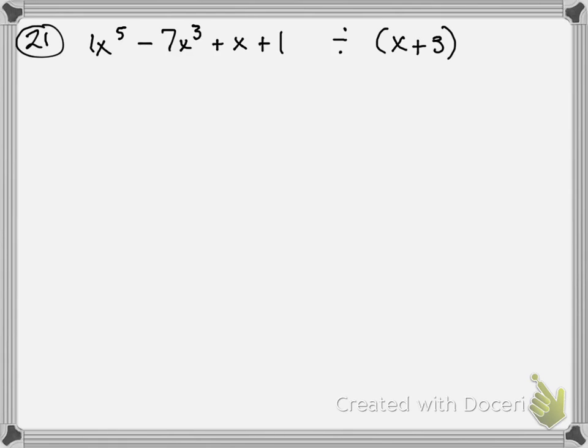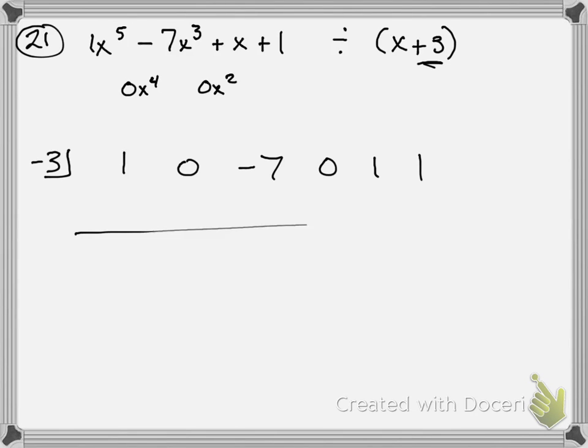But remember, there's a 0x to the fourth in between and a 0x squared in between. So my coefficients are 1, 0, negative 7, 0, 1, and 1. For x plus 3, we're going to look at negative 3, the opposite, with our synthetic division.